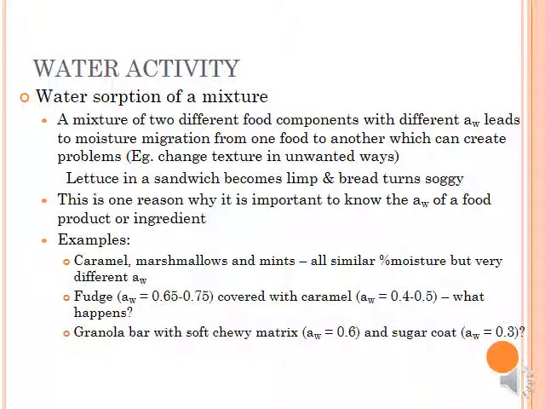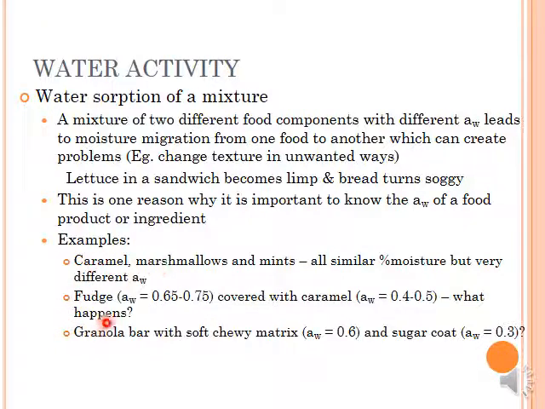So if you look at this example here, caramel, marshmallow and mince are all similar in terms of their moisture content, but very different in terms of the water activity. So that is why water activity value is important compared to moisture content. You can have two different foods that are moist, but in terms of water activity, they're different.